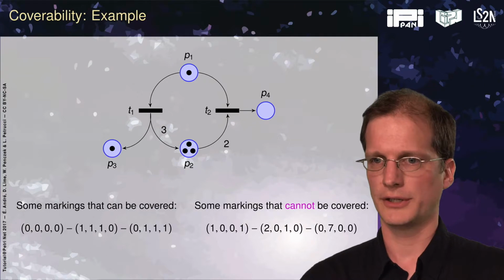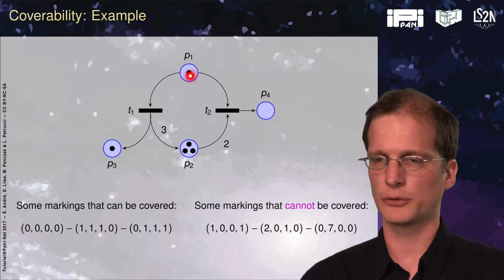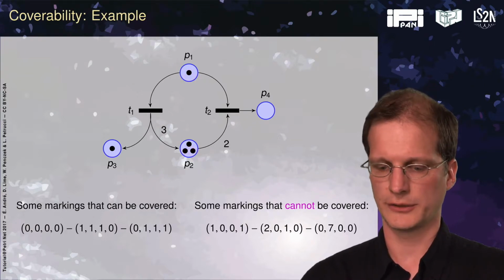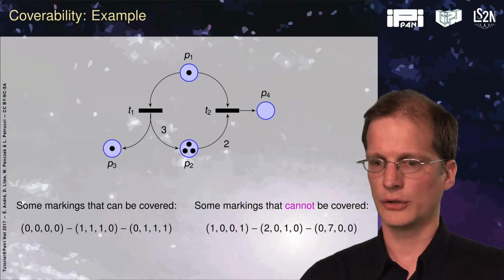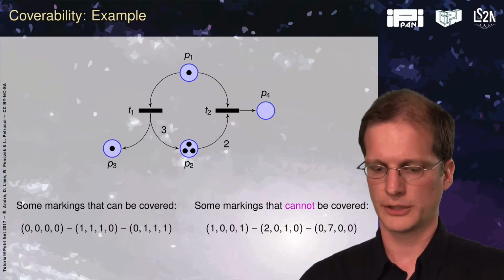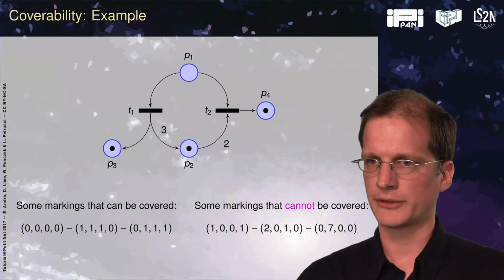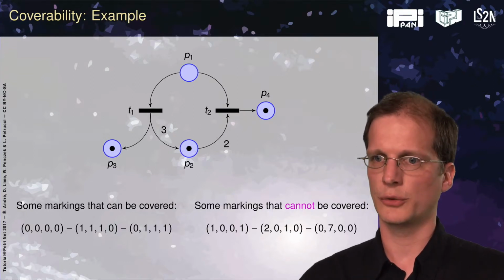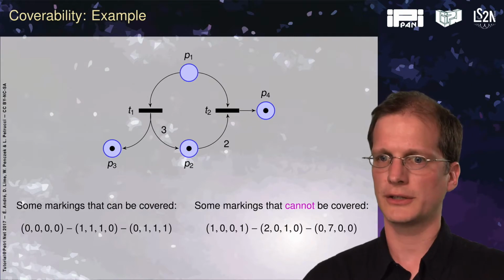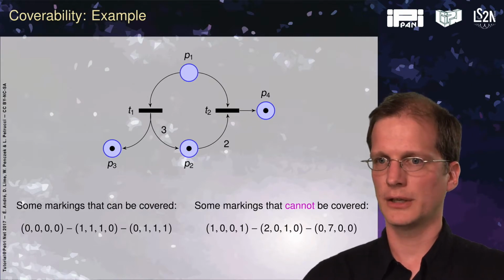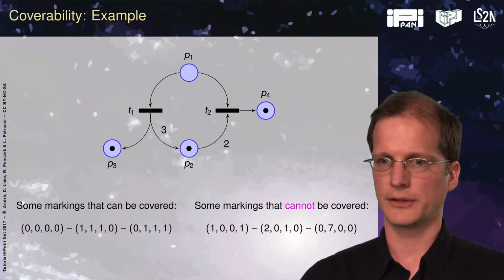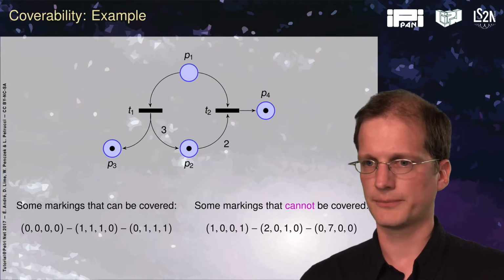So for example, here we have at least 1 token here, 1 token here, and at least 1 token here. And here it doesn't matter, so we can have 0. And then by firing this transition, we can reach a whole new family of markings that are covered by this net, namely those that are greater than this marking.